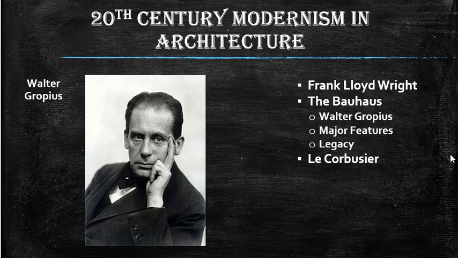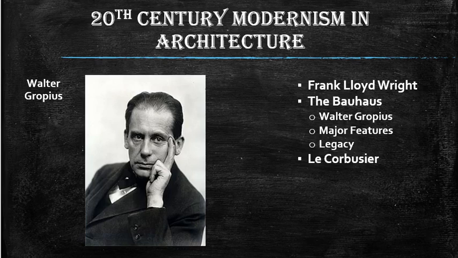And by a school, I mean it was literally a school. It was first located in the city of Weimar in Germany, then Dessau, and finally in Berlin. It was closed down by the Nazis in 1933 because its design principle violated the aesthetics of the First Reich, and also because, frankly, it included too many Jews.